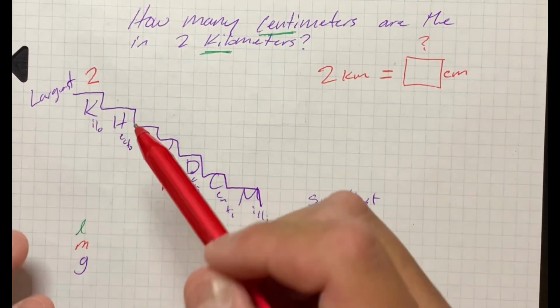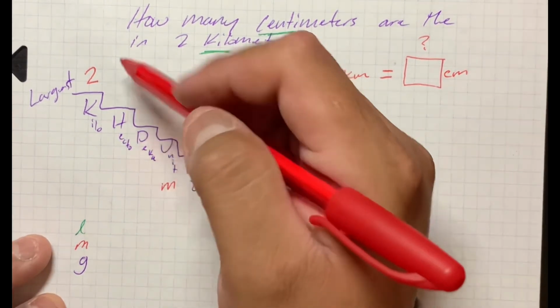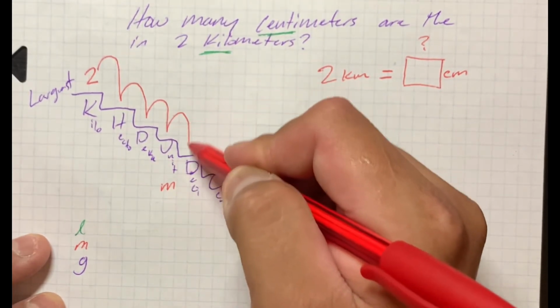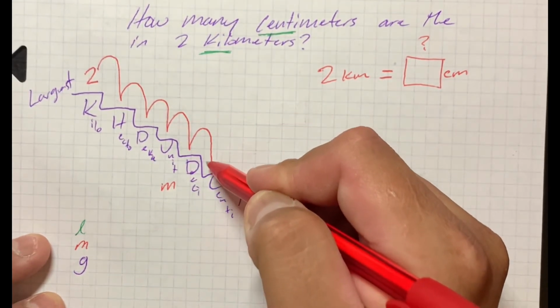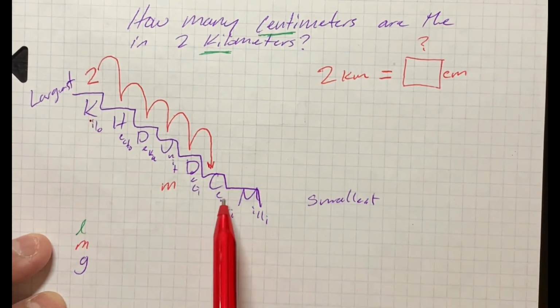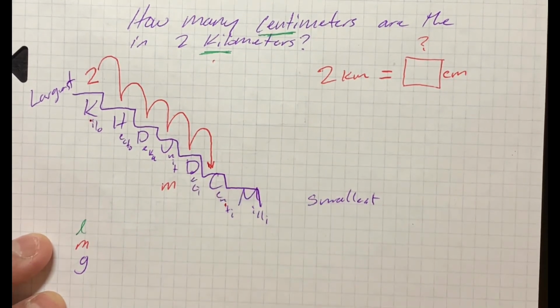So let's go ahead and count, and we're going to jump from step to step. So let's go. Count with me. 1, 2, 3, 4, 5. So we're going from kilo to centi. Again, kilo to centi. All right. So we move to the right 5 times.